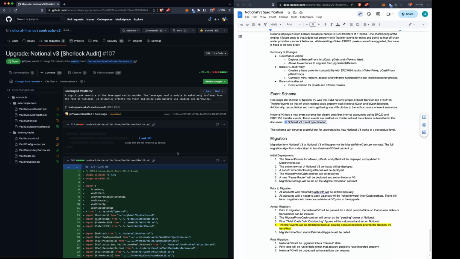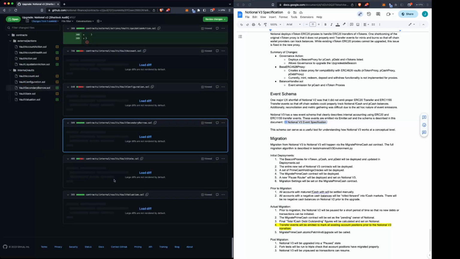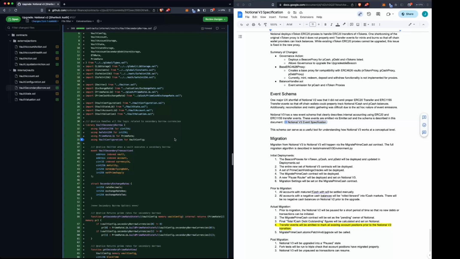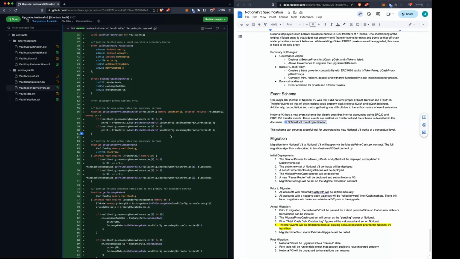And the wonderful thing about Prime Cash is that we can totally get rid of that. So in many ways, the behavior of the leverage vaults is a lot simpler in this version. But we've also put a lot of effort into this secondary borrow functionality, which allows a leverage vault to borrow in two currencies and pursue leveraged Uniswap V3 LP strategies and things like that.